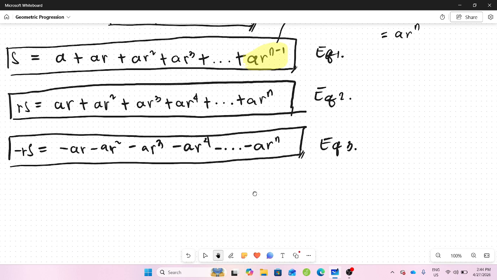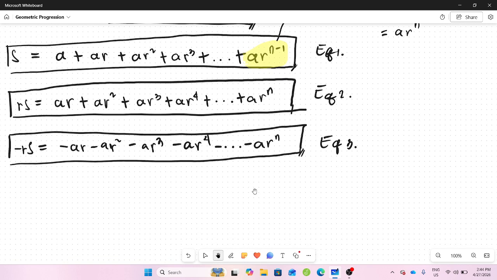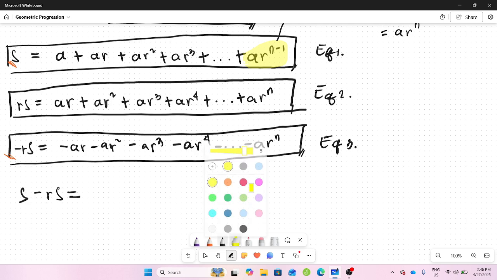Now, I'm going to add equation 1 and equation 3, because this is a trick to get the equation of the sum of the terms in a geometric progression. So I'm going to add s and rs.